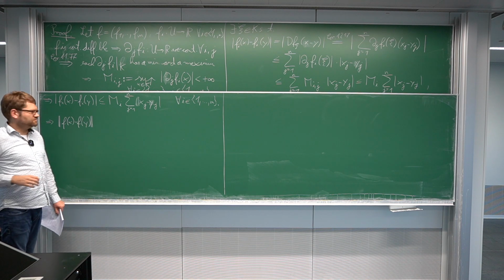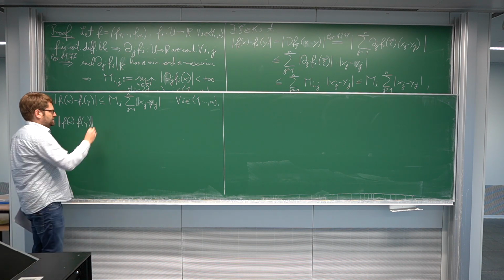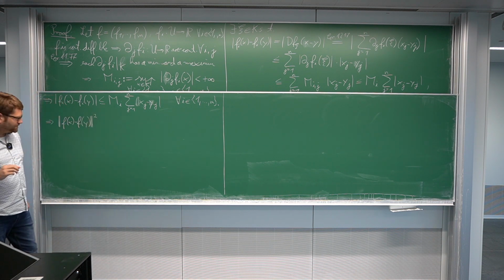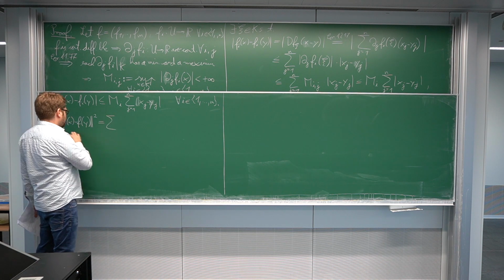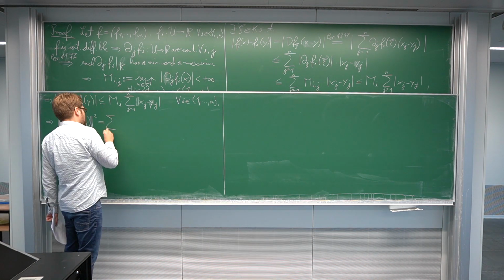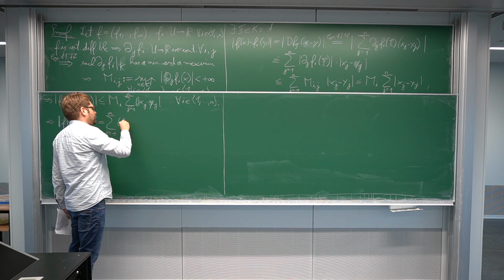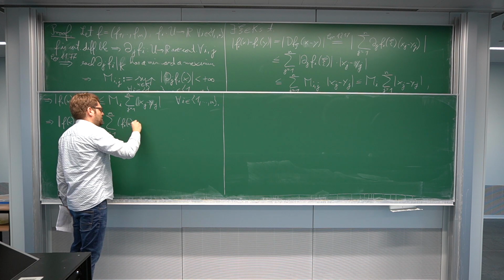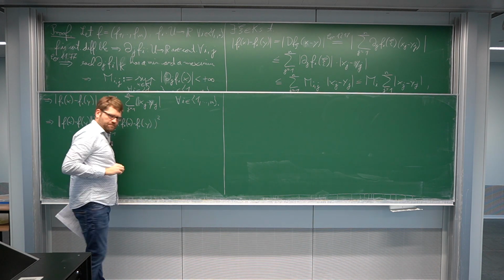Just to make this a bit simpler, to not have to write the square root anytime, we just take the square of this. Because then the components are just the differences of the fi's, meaning this is the sum from i equals 1 to m of fi of x minus fi of y squared.